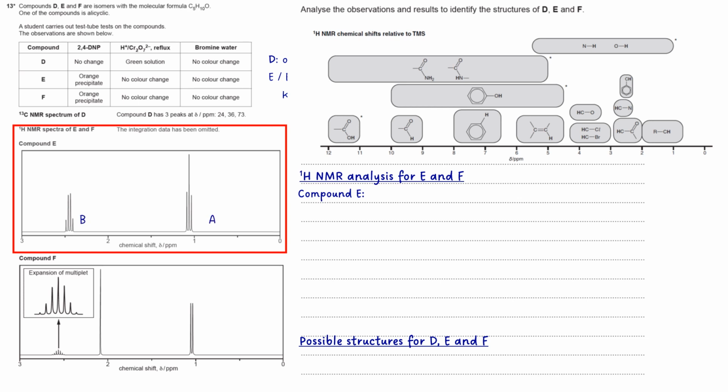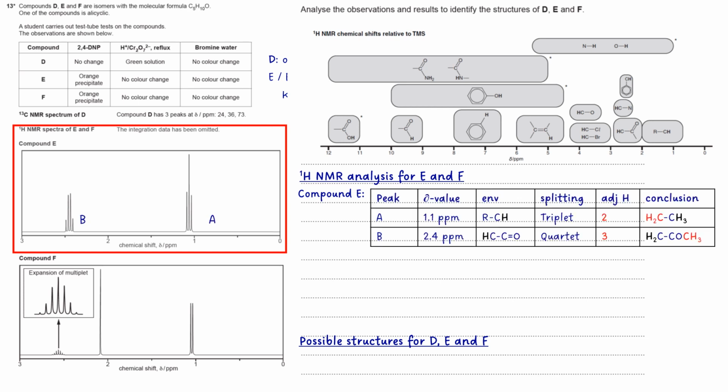We can do a table like this. If we label the peaks A and B, we can take their values. Their chemical shift value 1.1 is here, which is RCH3 for A. It's a triplet, so that means there's 2 adjacent hydrogens, so it's H2C-CH3.